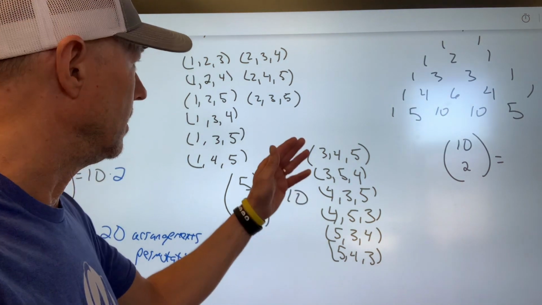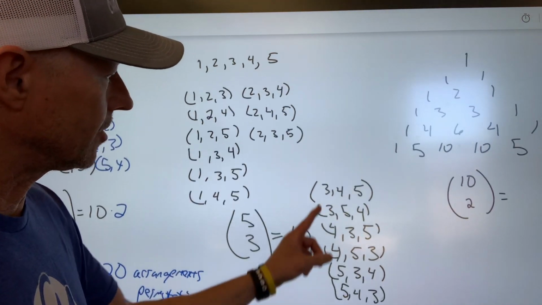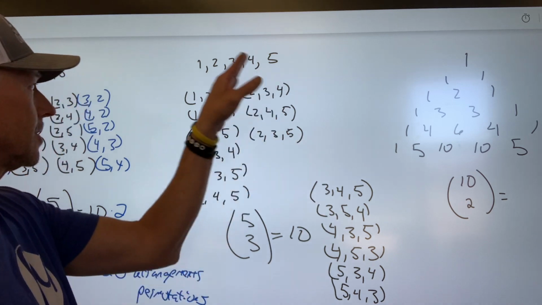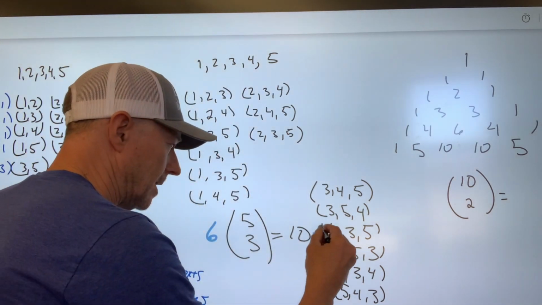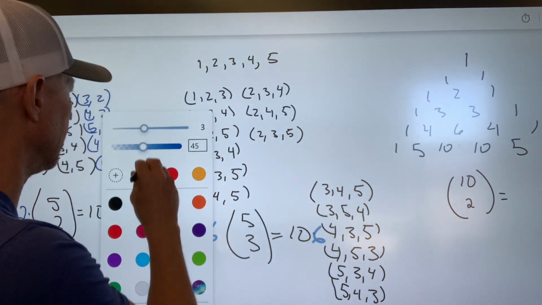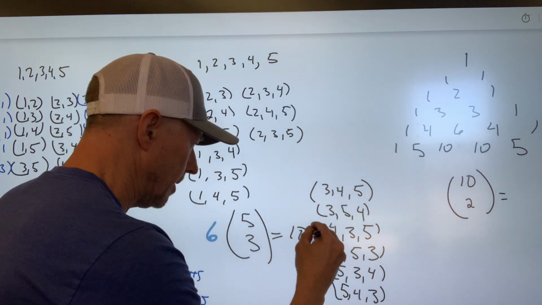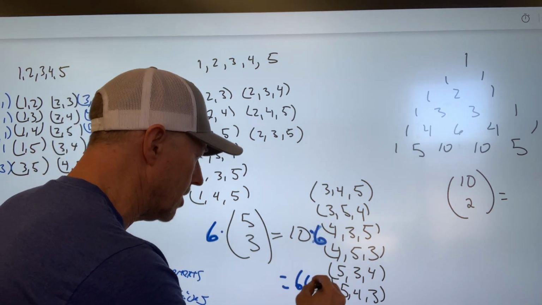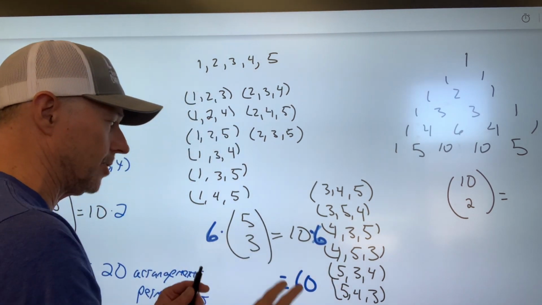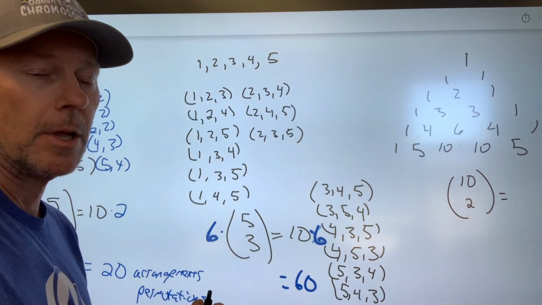In fact, we sextupled, because since there's 6 ways to do just this one, there's 6 ways to do all of them, so we need to multiply by 6 and by 6. So we get 60 ways to arrange 3 objects from a group of 5.